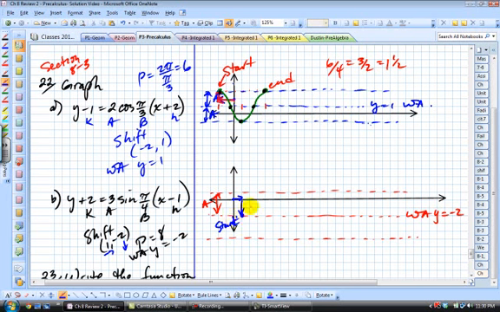Count 8 to the right, period 8: 2, 4, 6, 8. Then draw your function, to a max, back to the wave axis, to a minimum, and back. Okay, one period only.